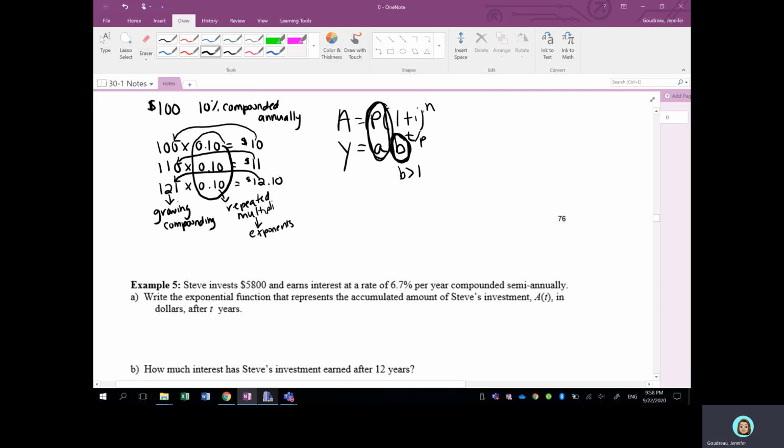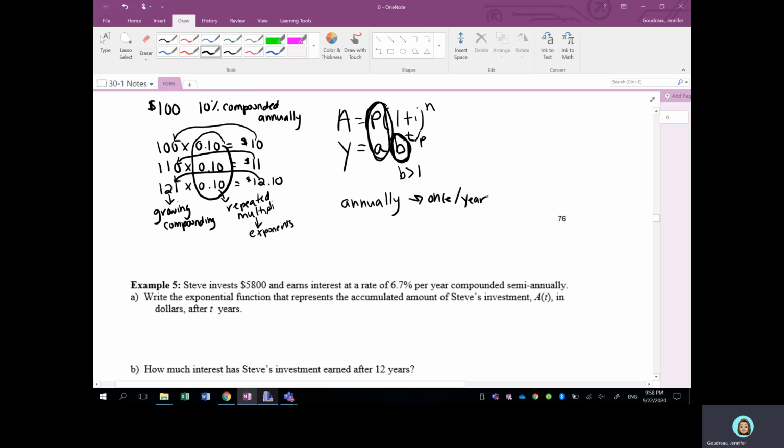And then n is going to be representative of your number of compounding periods. What we're going to have to pay close attention to here is the wording. So we won't always compound annually. If we do, life is good. Compounded annually means once per year.